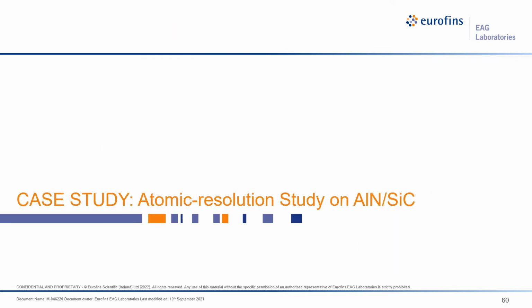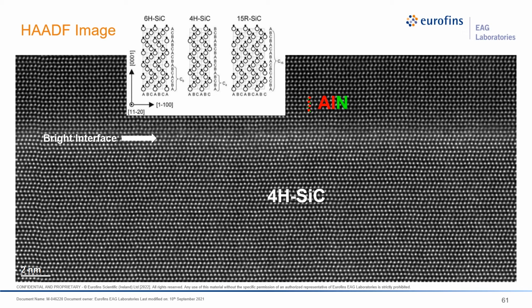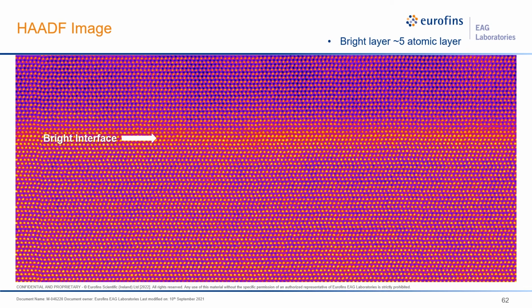Now, a lot of the questions are also related to interface. In this case, it is aluminum nitride on a 4H silicon carbide substrate, right? I'm not sure if you can see it, but there's a bright layer at the interface of aluminum nitride and silicon carbide.